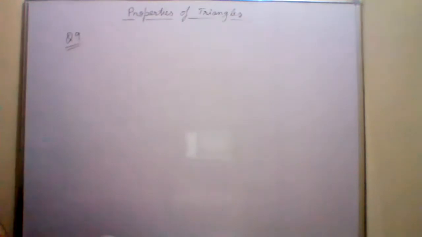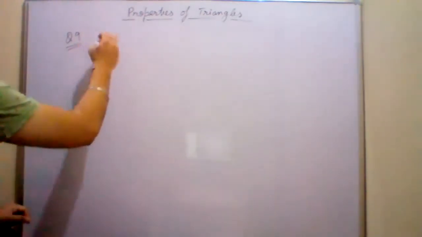So in this, there is a triangle. It is given that in this triangle, one of the angles is equal to the sum of the other two angles. Okay.